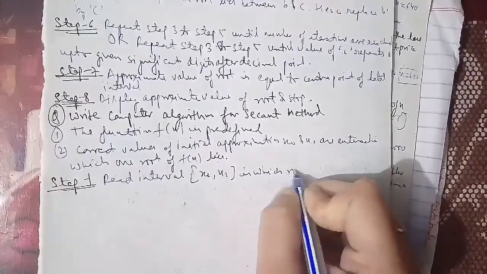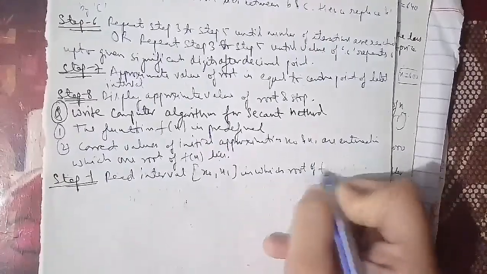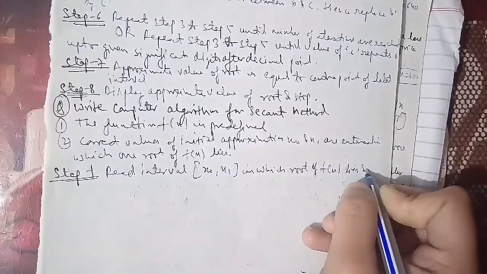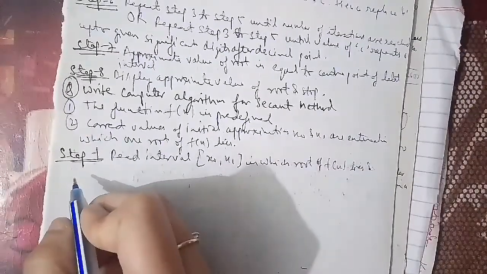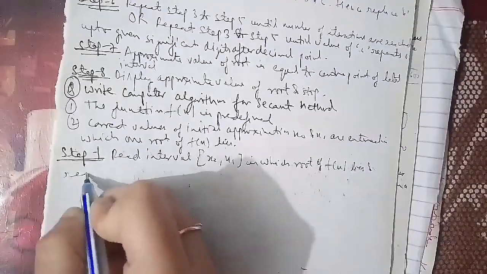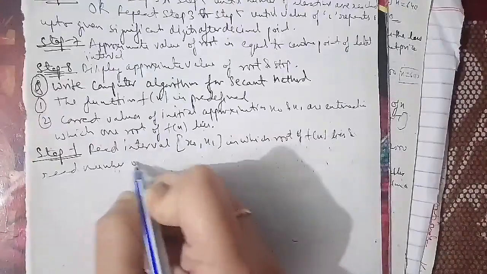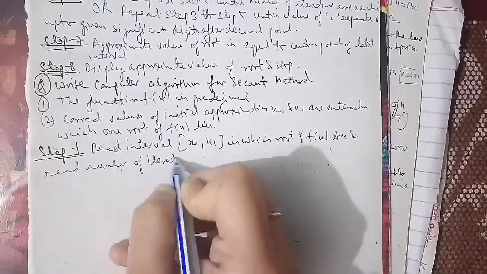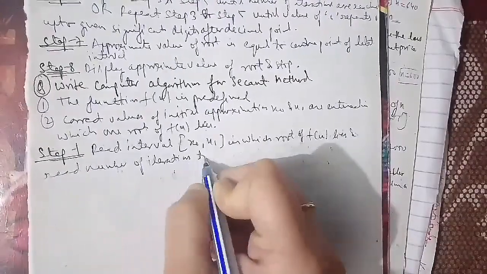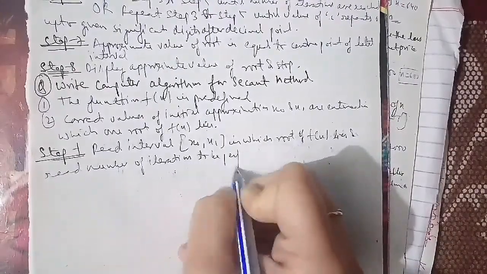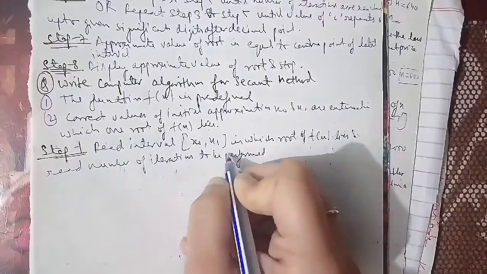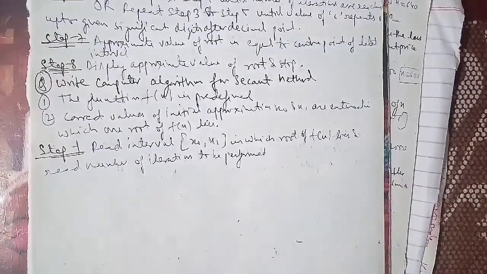Now for step 2, you have to calculate f(x0) is equal to f(x) at x equals x0, and f(x1) is equal to f(x) at x equals x1.